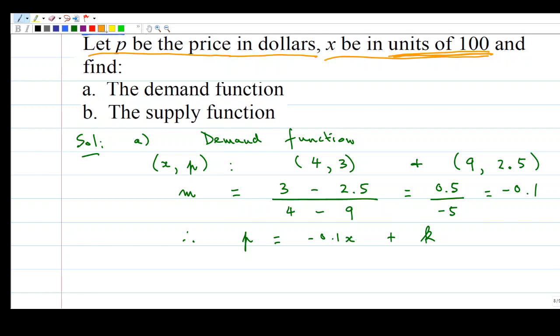If I take the first coordinate, substituting for 3 gives 3 is equal to -0.1 multiplied by 4 plus K. So therefore K is equal to 3.4.